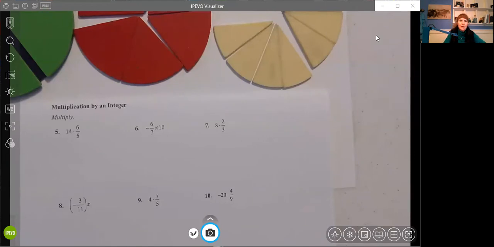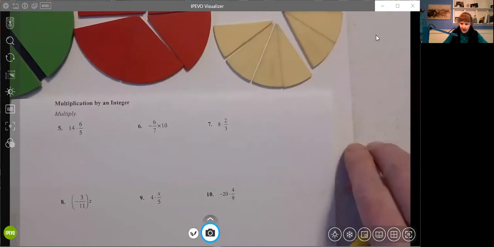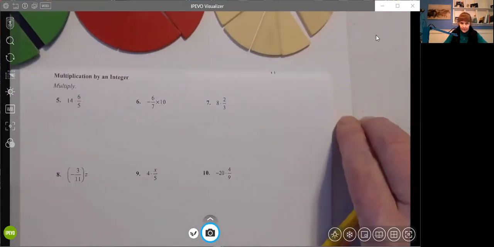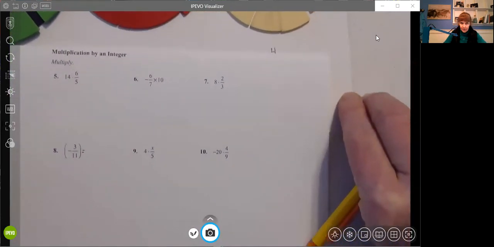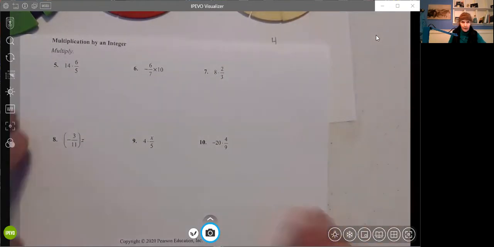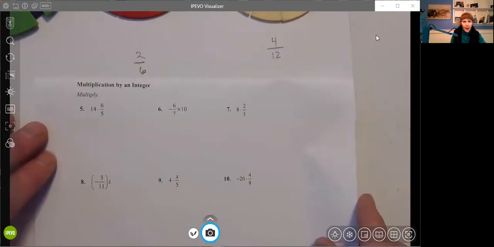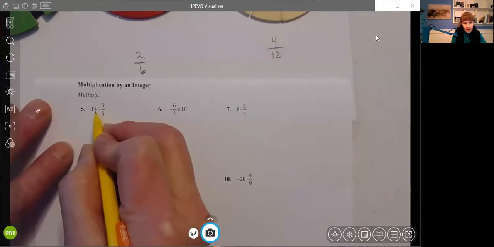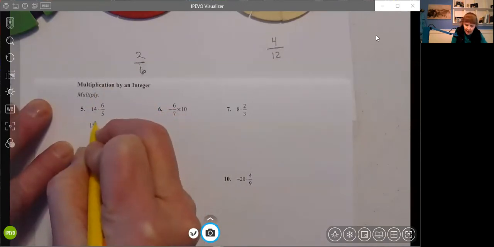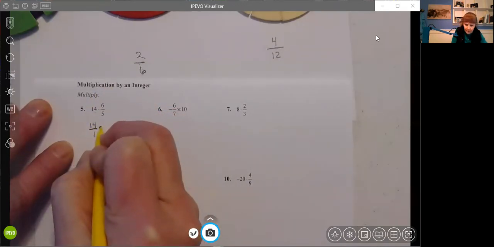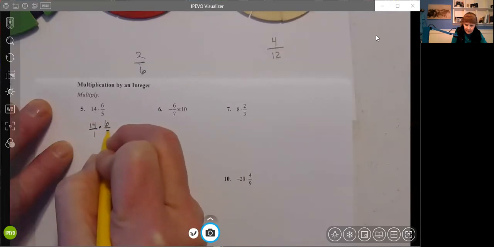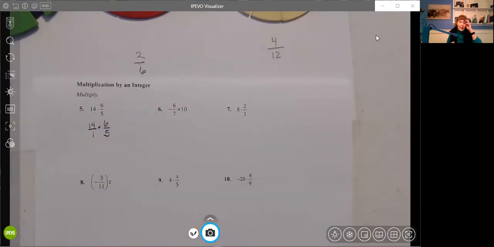How do you multiply two fractions together? If you have a whole number, when you're multiplying fractions, put that whole number over 1. Okay. Now, normally we would say, okay, can we reduce?